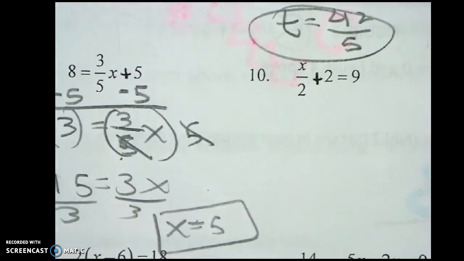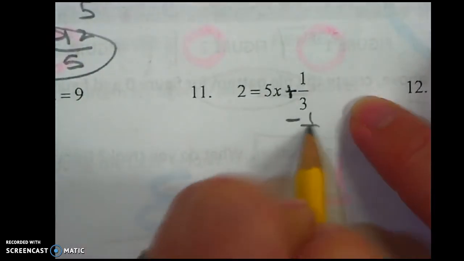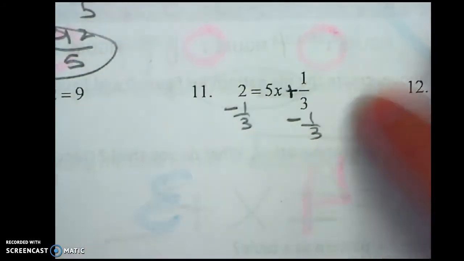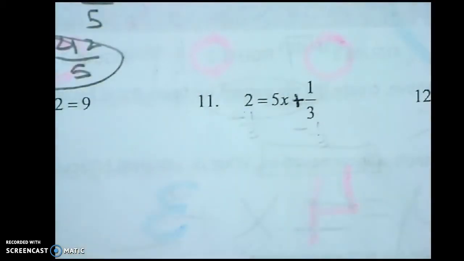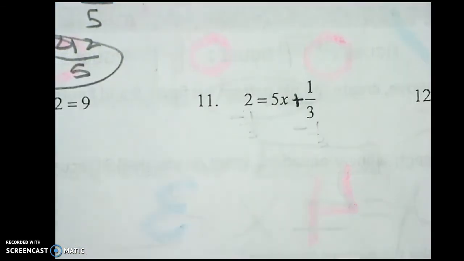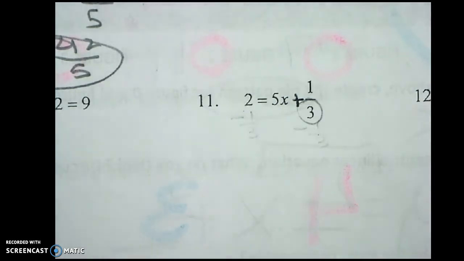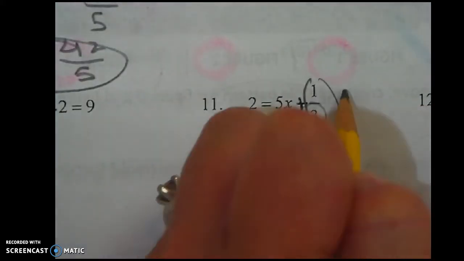Another problem I think I want to do now is number 11. What makes number 11 difficult is if I'm going to go minus 1/3, now that's uncomfortable. So this is where I'm going to get rid of the fractions first. Okay? What makes it a fraction? The 3. What's the 3 doing? Dividing. How do I get rid of it? Multiply it.